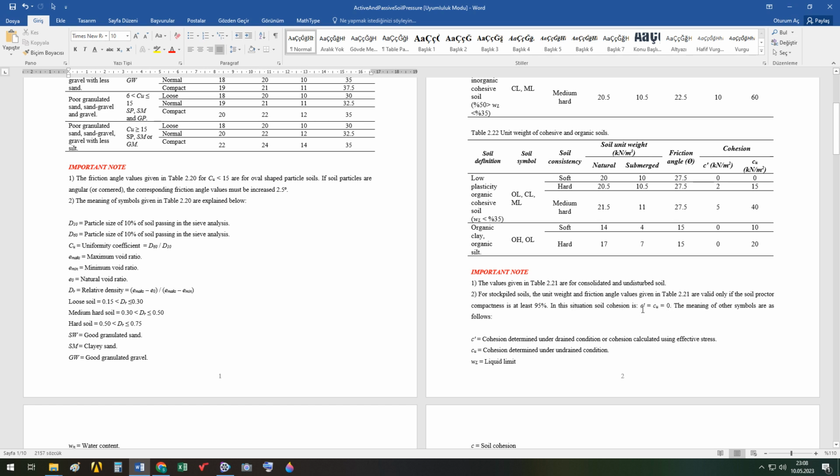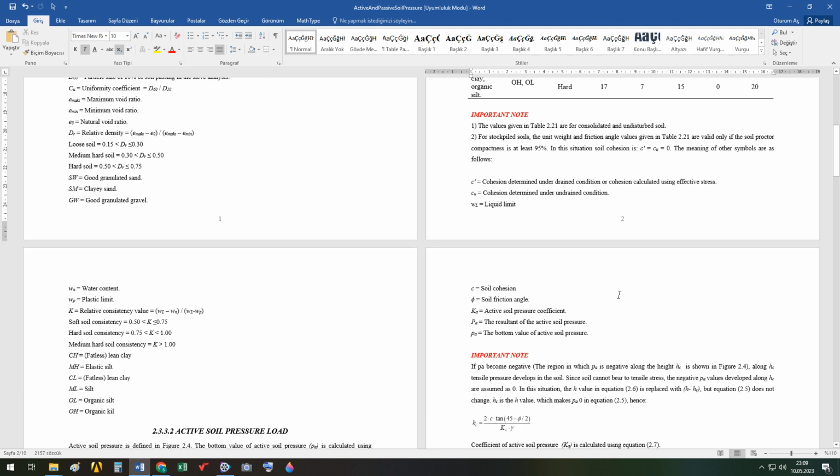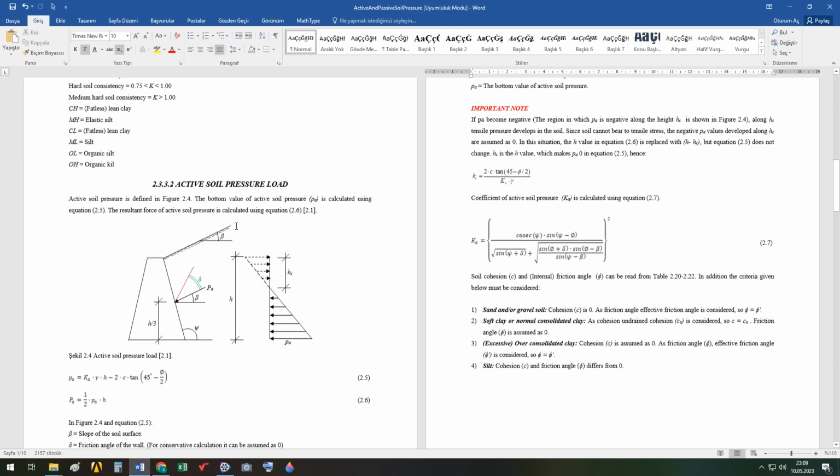This is soil cohesion corresponding to the value obtained by using effective stress values of the soil. And this is the cohesion obtained in undrained condition of soil. And some explanations are also given here.